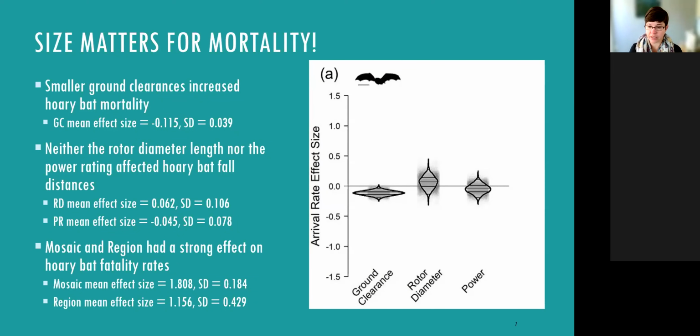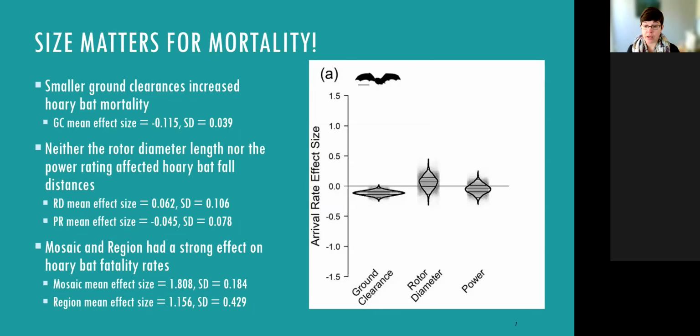We saw that ground clearance was actually the primary predictor of hoary bat mortality. It was interesting that in our study, the power rating, which is not the actual power produced but rather the rating of the turbine, and the rotor diameter length really had a negligible impact on bat mortality. I provided the effect sizes here so you can see how big the effect of ground clearance was.